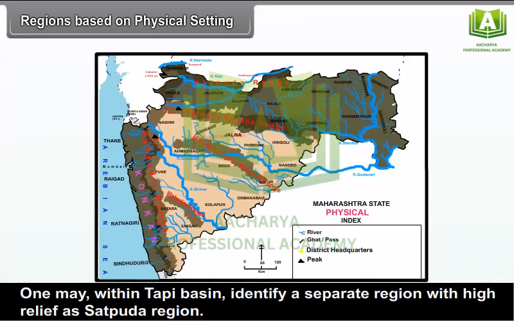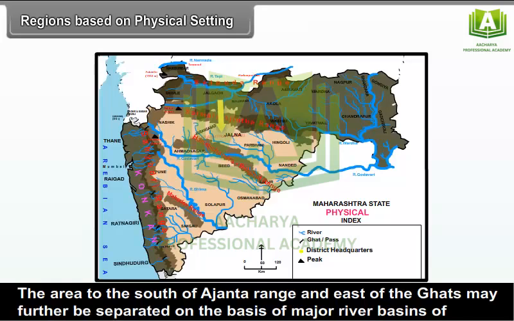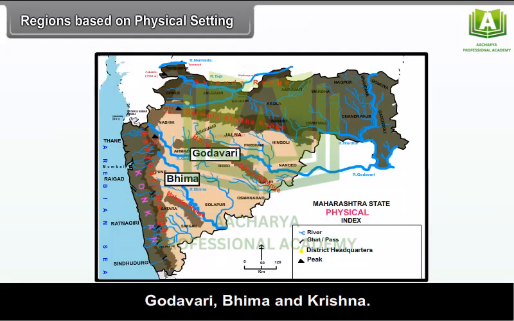Within the Tapi Basin, we can identify a separate region with high relief, the Satpura region. On the map, you will see it along the northern boundary of the state. The area to the south of the Ajanta range and east of the Ghats may further be separated on the basis of the major river basins of Godavari, Bhima and Krishna.